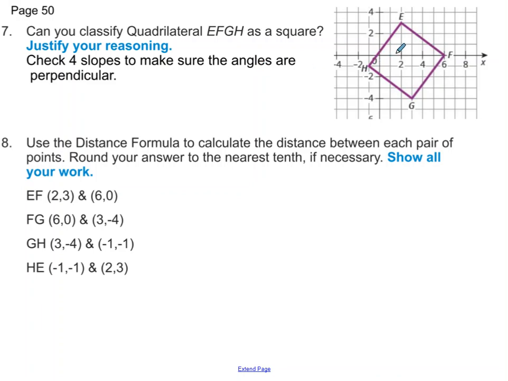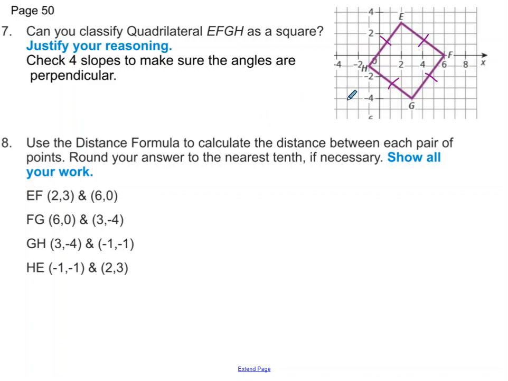So going back to, is this a square? If I find that all these sides are the same, then yeah, it'd be a square. And I have all these points here. But I don't have to do all of them. I already know that this side and this side are parallel, and this side and this side are parallel, making it a parallelogram.